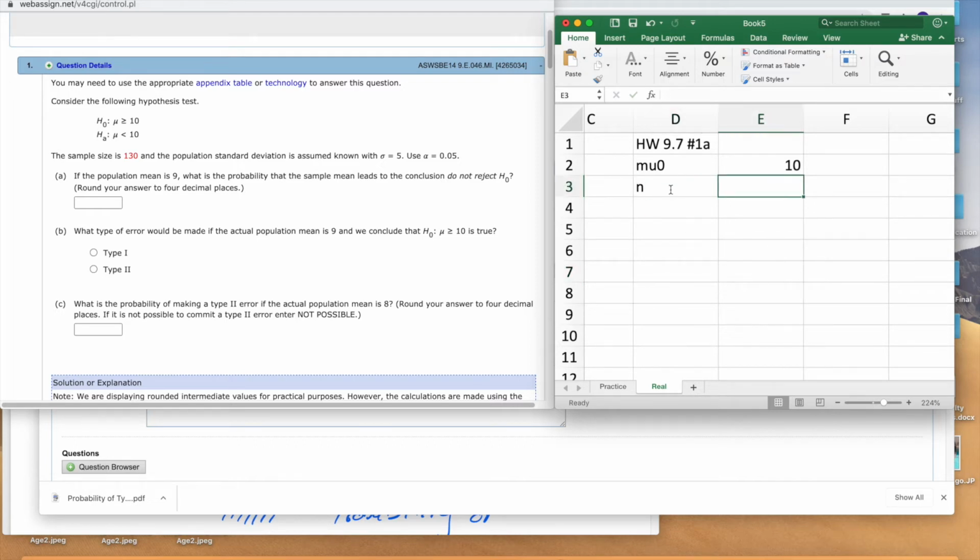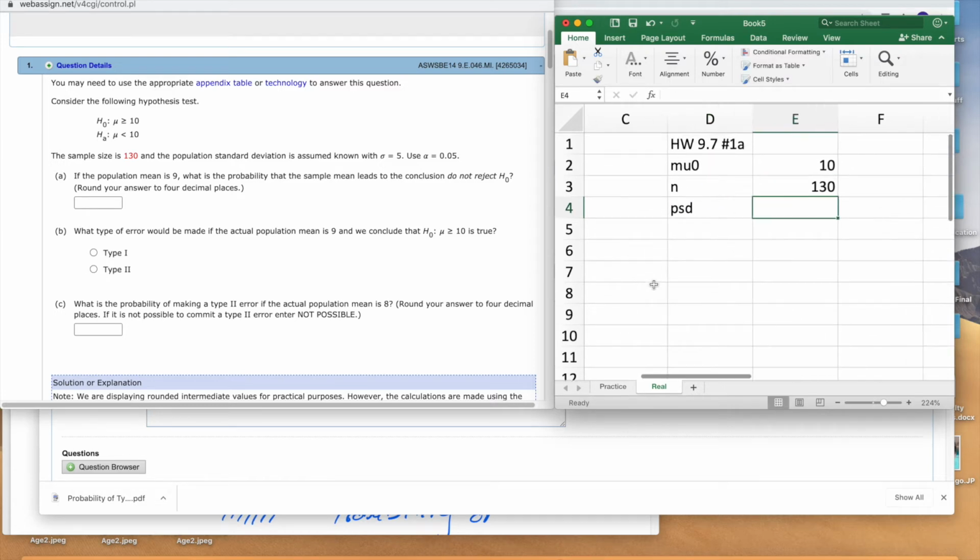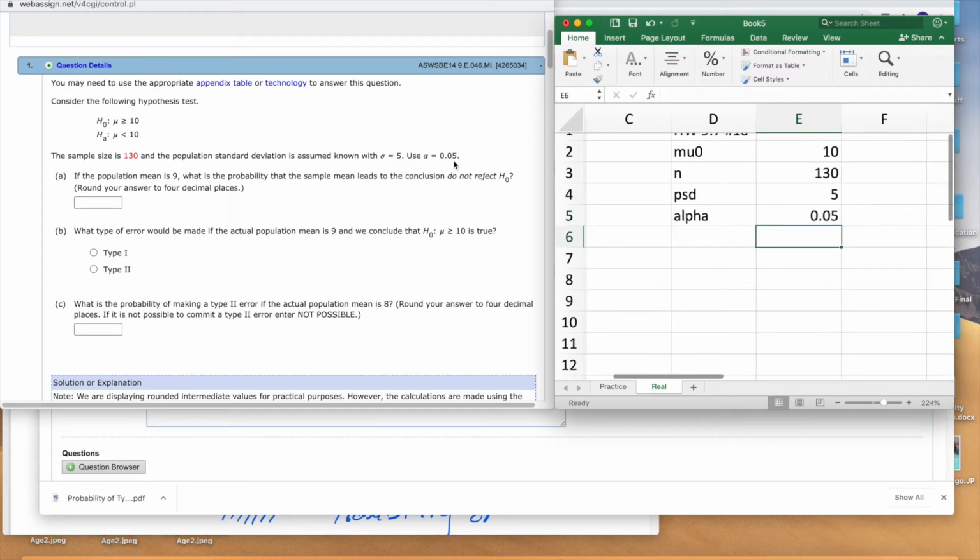N looks like something we're going to need. 130. Sigma, or I'll call it the population standard deviation, because that's what I've done in the past, and I think that's a good way. 5. Alpha, 0.05. Okay, so right now all I'm doing is writing down these numbers.